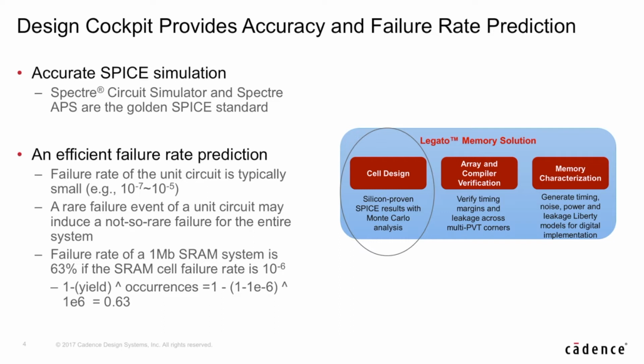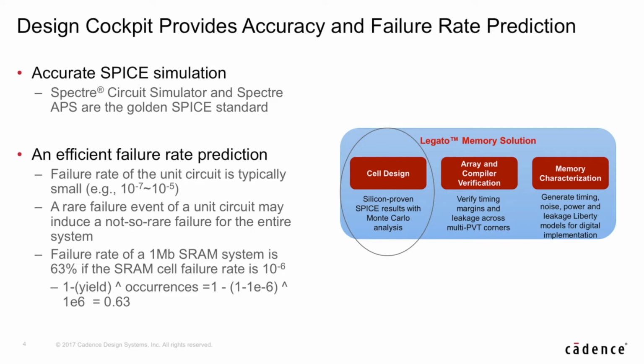And you also need effective failure rate prediction. If you look at each unit circuit, the failure rate is actually quite small. But the failure rate of a unit circuit can introduce a pretty significant failure rate for the entire system.